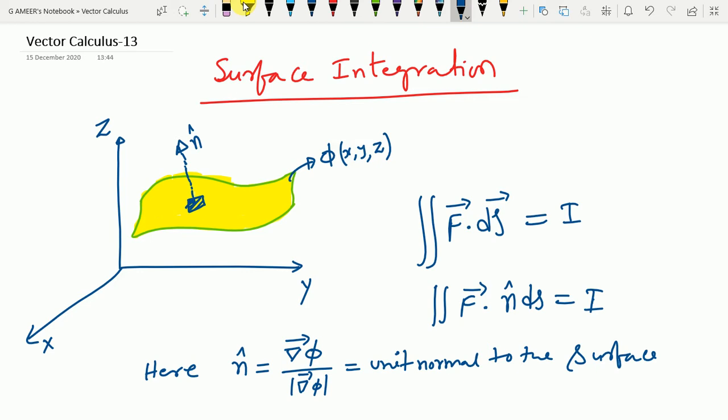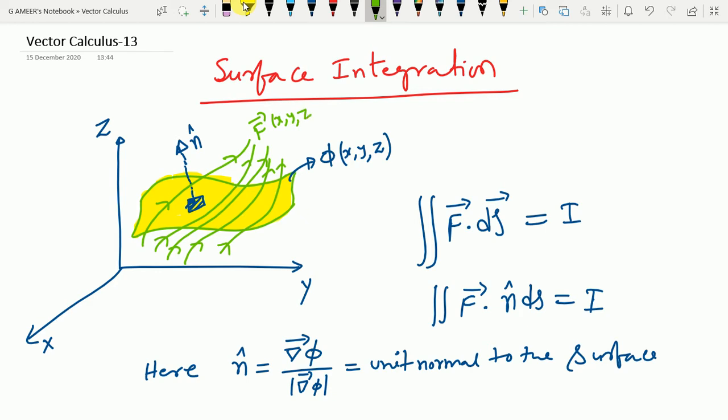Now I have a vector field here. Let's say that vector field may be defined like this. These are the vector fields. This may be defined as some F, a function of x, y, z.